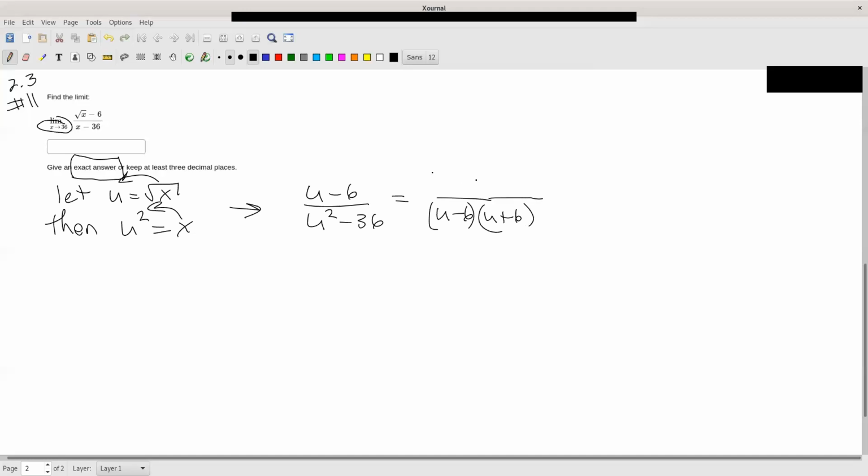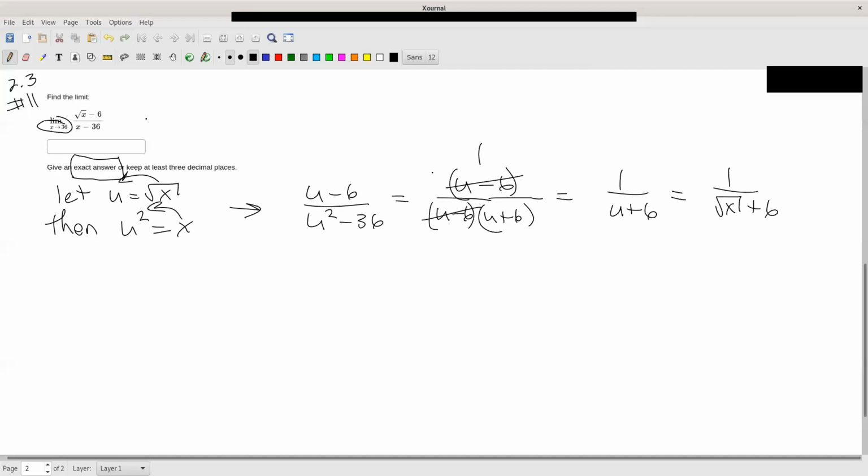And I'll show another way to do this just for fun. And then I can see this factor of u minus 6 in the numerator cancels with the u minus 6 in the denominator. And remember, canceling means a number divided by itself is 1. So this must be 1 over u plus 6. And I know u is really the square root of x. So this is really 1 over the square root of x plus 6.